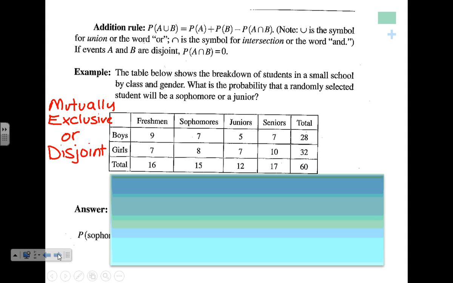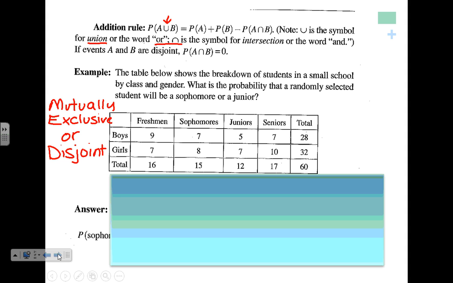We know already that this symbol is a union, and it stands for the word or. So the addition rule is to find the probability of A or B happening. If you're finding an or, you're going to use the addition rule.